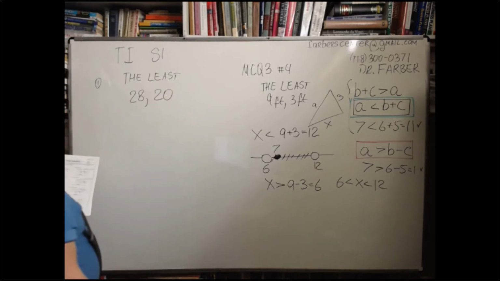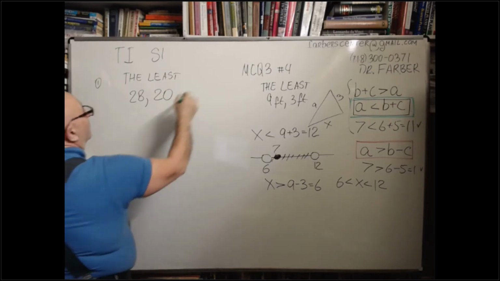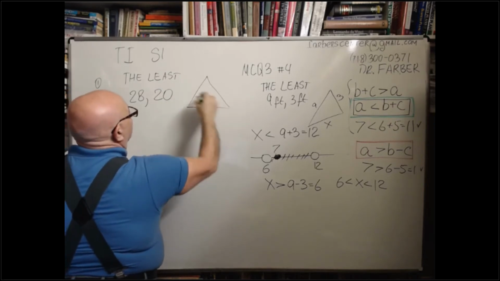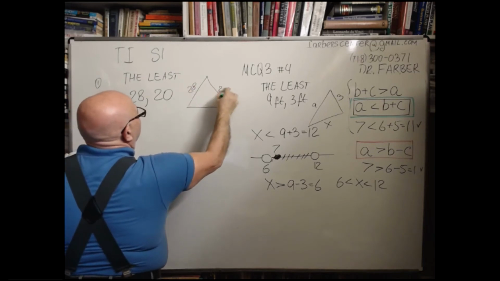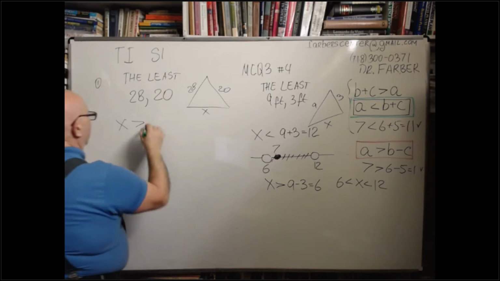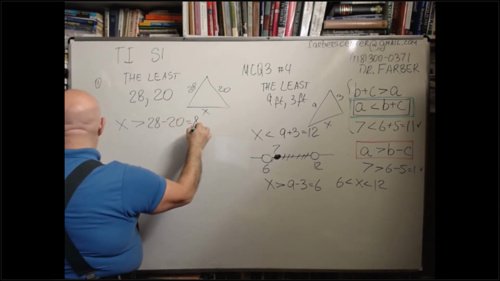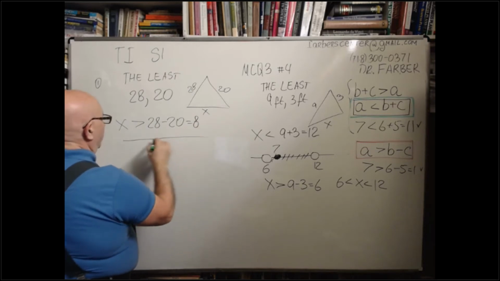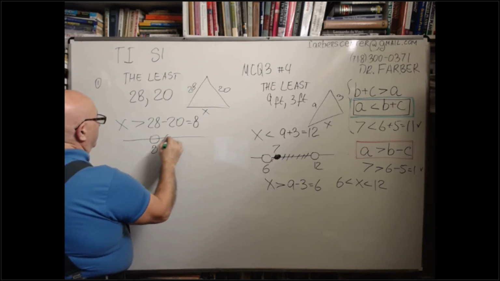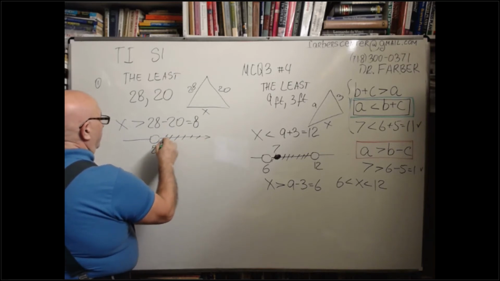To find the least, make a picture, let's say 28, 20, not to scale. And this x is supposed to be greater than 28 minus 20, which is 8. Make a number line, make 8, go to the right part, make a hole over there. And the least would be what? 9.